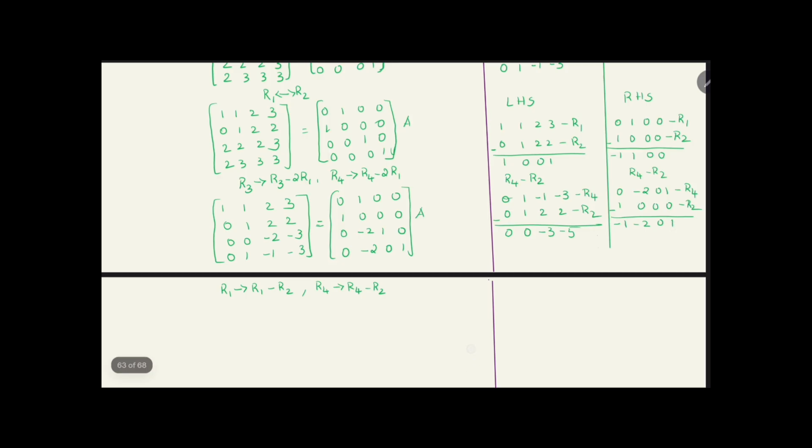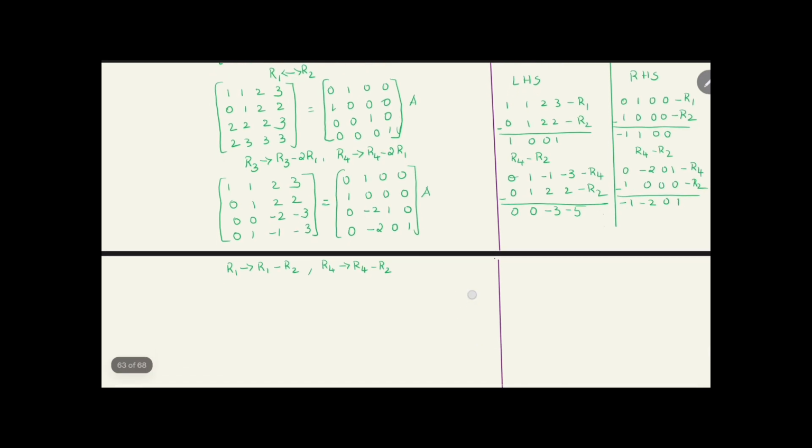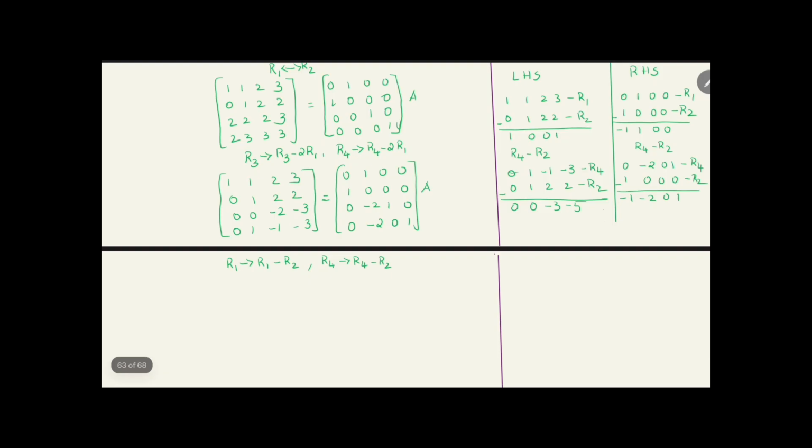Now let us substitute all these values in the matrix. What is the first row answer for the left hand side? It is 1, 0, 0, 1. The second row remains the same, 0, 1, 2, 2. The third row is 0, 0, minus 2, minus 3. And what is the fourth row? It is 0, 0, minus 3, minus 5.